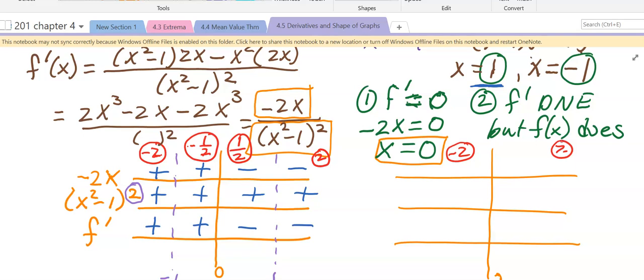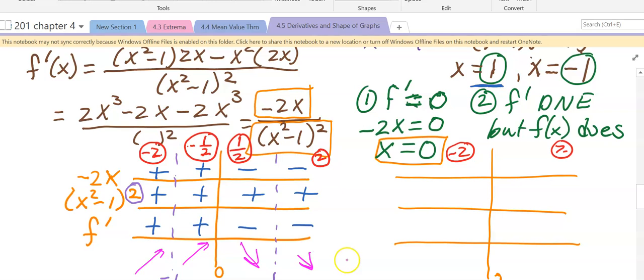What does this mean about the graph? Let's interpret our results. Our results now tell us that it is uphill in all of these regions where the first derivative is positive, and downhill or decreasing in the regions where it is negative.